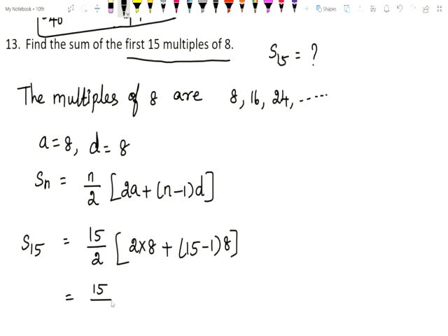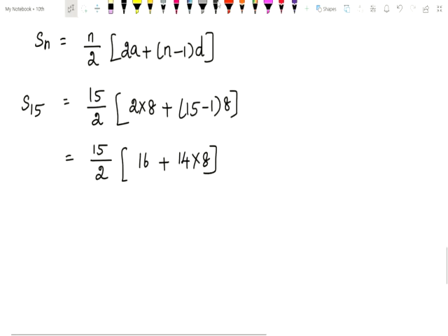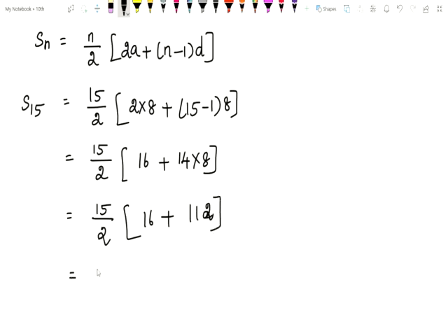So 15 by 2, 2 8s are 16 plus 15 minus 1, what children? 14 into 8. 15 by 2, 16 plus 8 4s are 32, 2 remaining 3, 8 1s are 8, 8 plus 3, 11. 15 by 2 into, now you add this, 16 plus 112, 2 plus 6, 8, 1 plus 1, 2, 1.